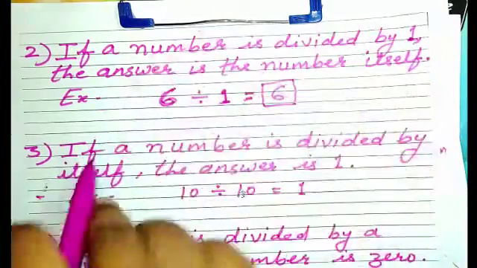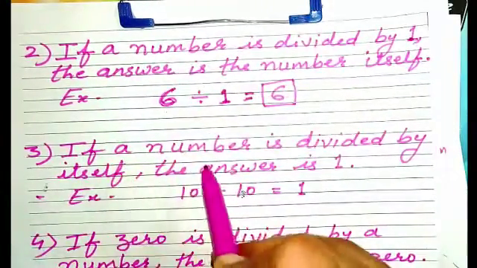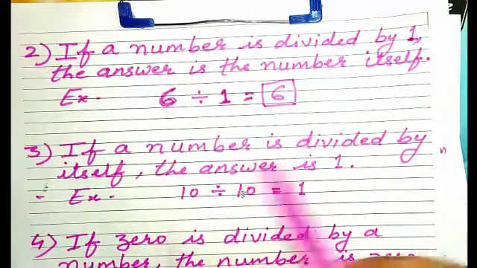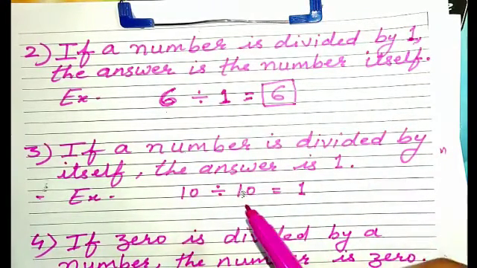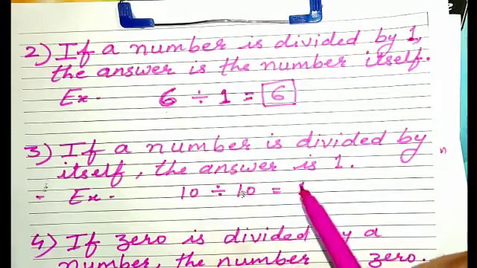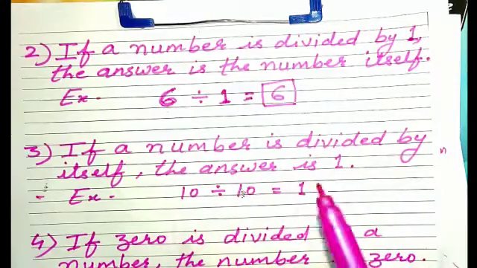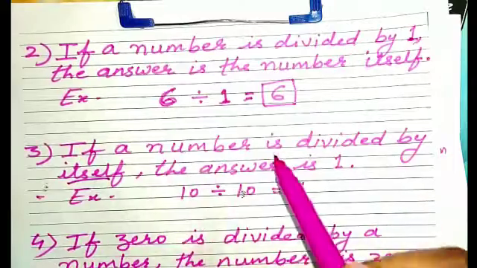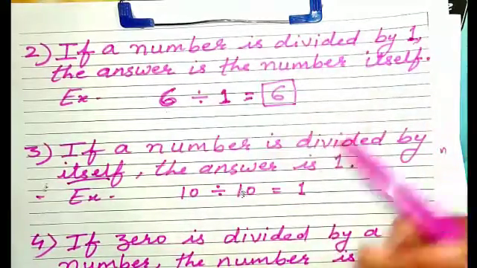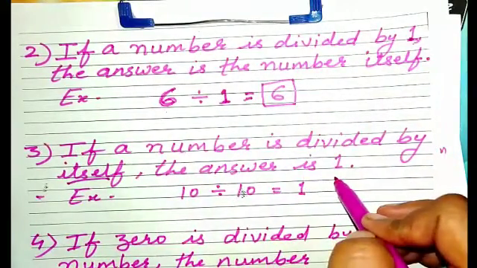Okay, and the next property is, if a number is divided by itself, the answer is 1. In this, what is written here is that if we divide a number by itself, the answer will be 1.